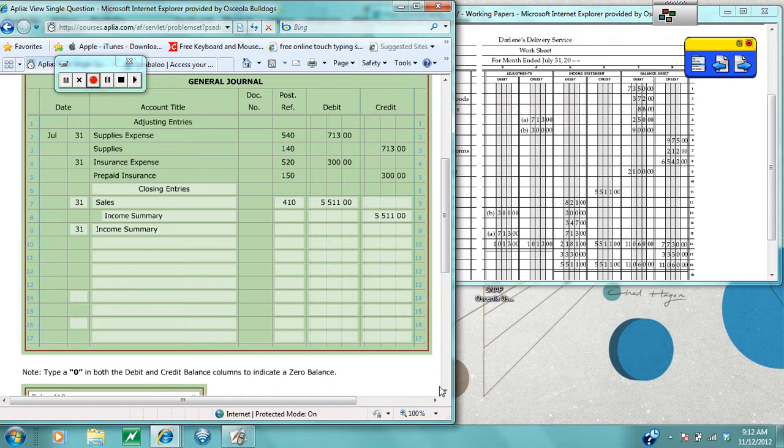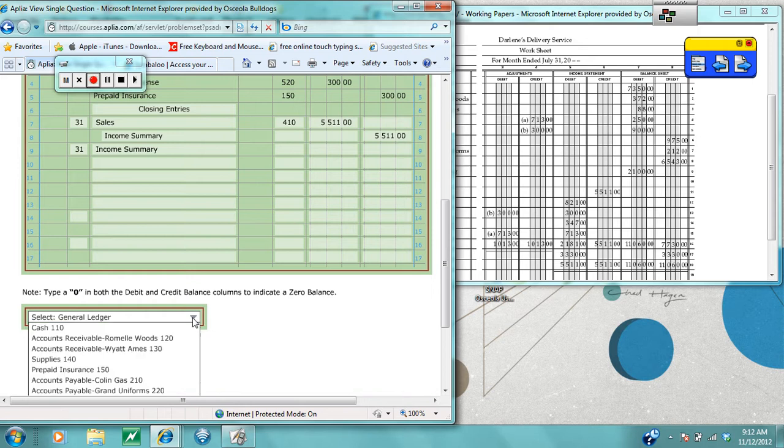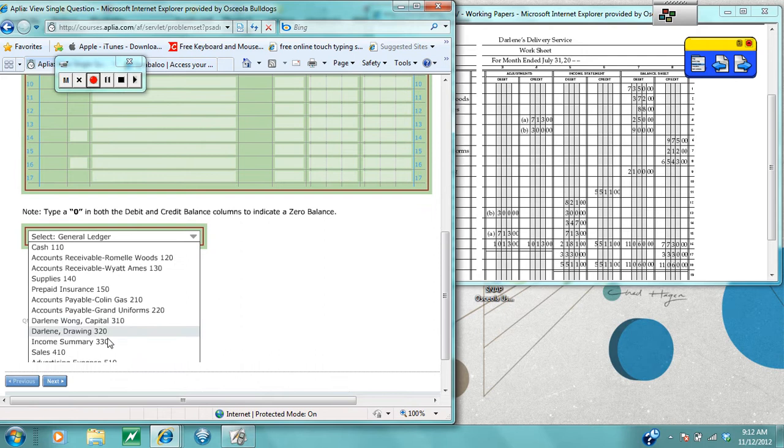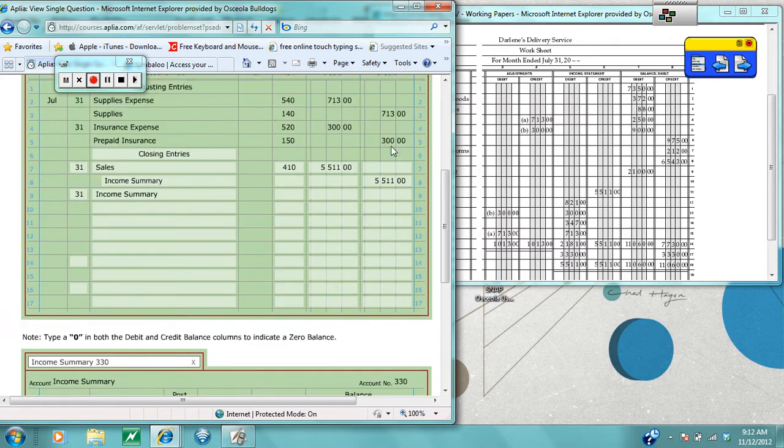Then you have to go to your income summary account, and this is one step that I did slip up and forget to do when I was videoing and had so many interruptions. But that's all good. It's July. It's the 31st. It's G4 that we're getting the information from, right? And what are we doing? Well, here was a debit, so here's a credit.